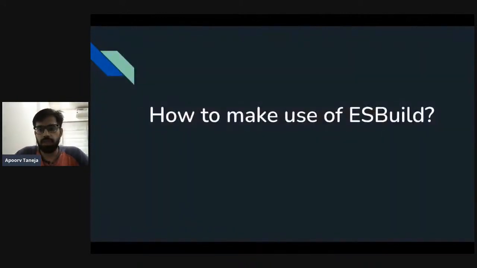So how do we make use of ESBuild? In terms of functionality, ESBuild is kind of similar to Webpack. Whenever it comes across an import statement like import React from React, it will start looking in the file system. It will look for React in the file system and make use of it to bundle your code.